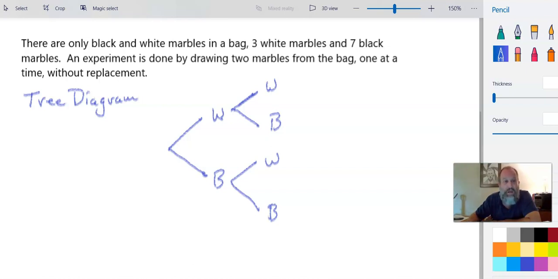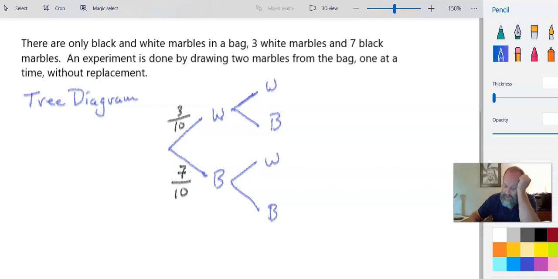On the first draw, there are 3 white marbles and 7 black marbles, which means the probability of getting a white marble is 3/10, or 0.3, and the probability of getting a black marble is 7/10. So that's our first choice.